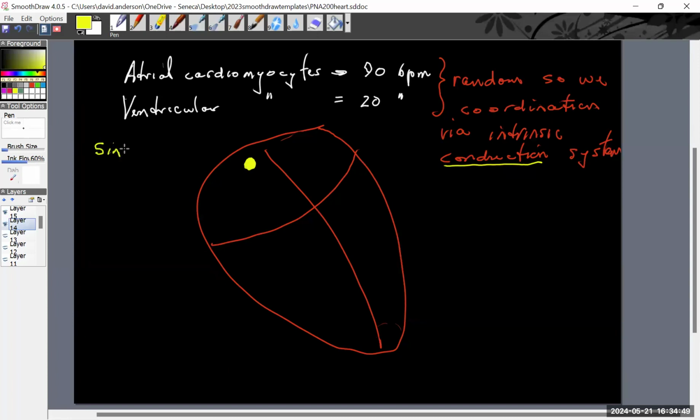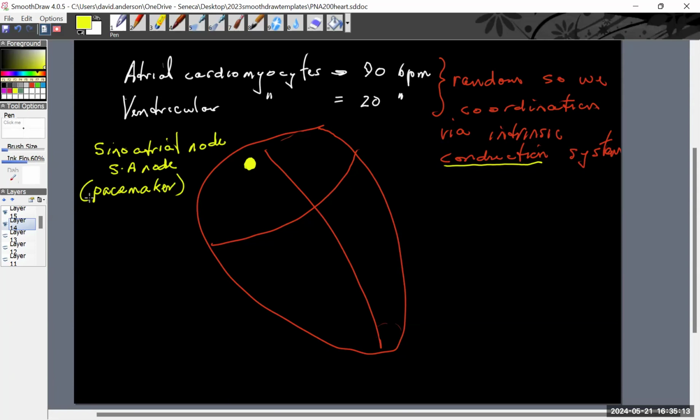So it's called the sinoatrial node, or the SA node. Okay, now it's nicknamed the pacemaker or the pacesetter for the heart.